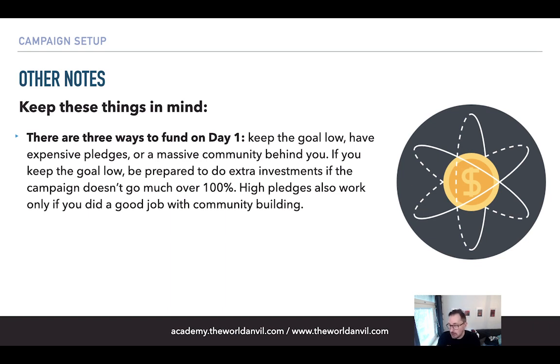Let's make an example. If your public goal is $10,000, but your real goal is $20,000, and the campaign funds only for $15,000, do you have the $5,000 extra that is necessary for you to make the project? So you need to be aware that there's always one window where you will have some personal risk to manage.